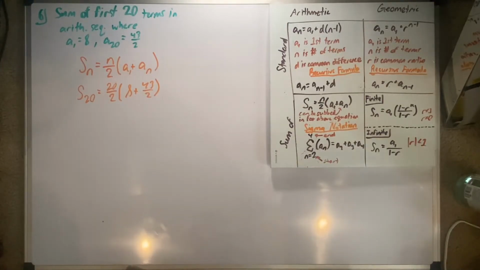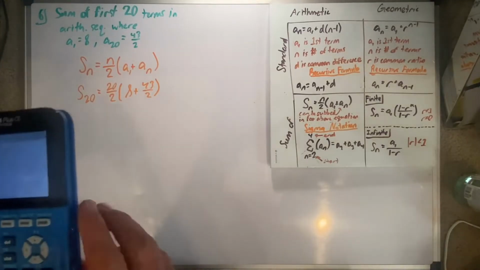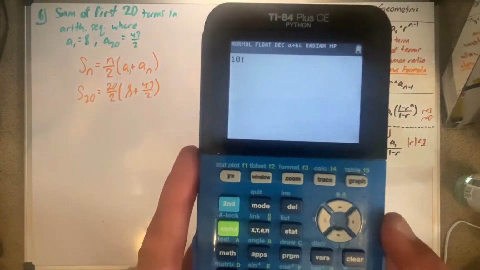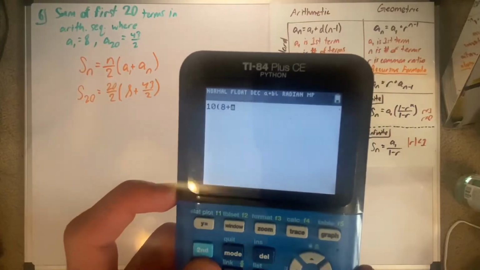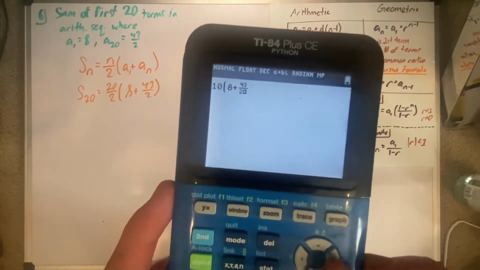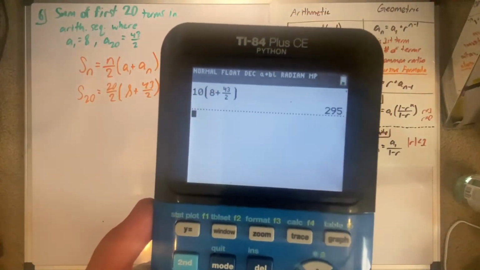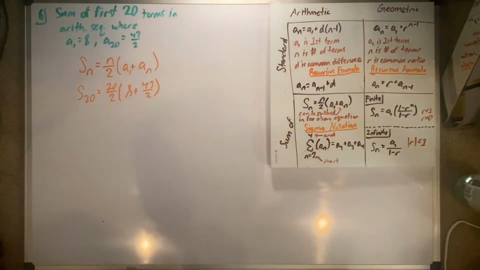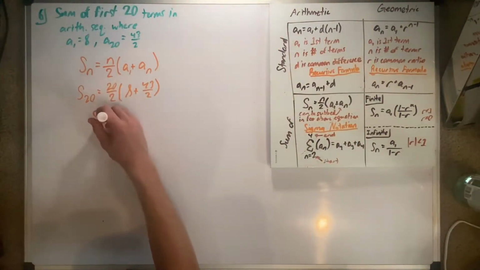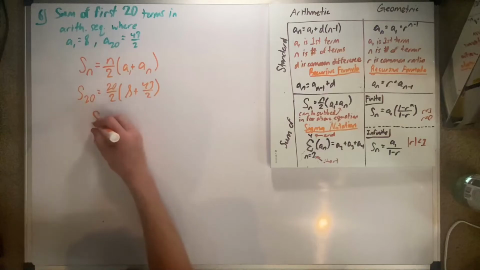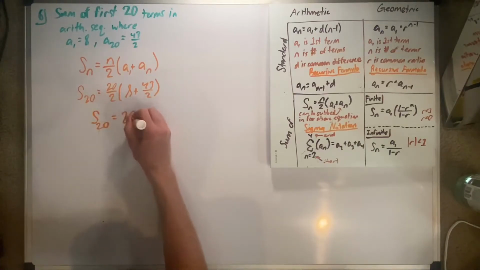Now you would literally just plug this into your calculator. So 10 times 8 plus 43 divided by 2 is equal to 295. And that is our answer. S20 is equal to 295.